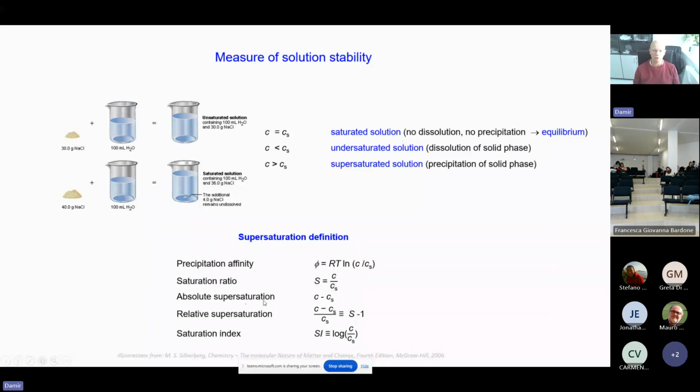Absolute supersaturation is the difference between the concentration in solution and the solubility, while relative supersaturation is defined as the absolute supersaturation divided by the solubility. And finally, the saturation index. I mention it here because in environmental systems people like to use this expression, which is actually the logarithm of the saturation ratio.